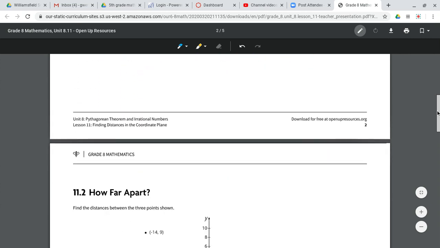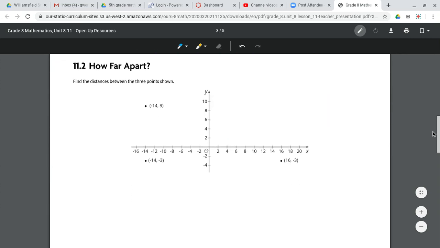All right, the next thing we're looking at is how far apart. We want to find the distances between the 3 points shown. So the easy two distances are obviously the vertical and the horizontal. So to go from (-14, 9), we're going to pretend this line is nice and straight, down to (-14, -3).